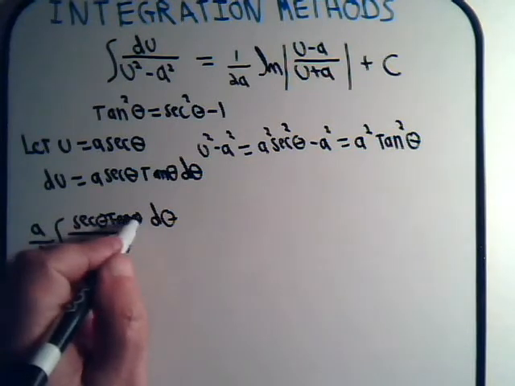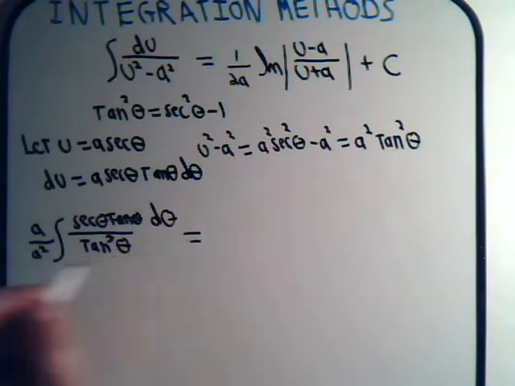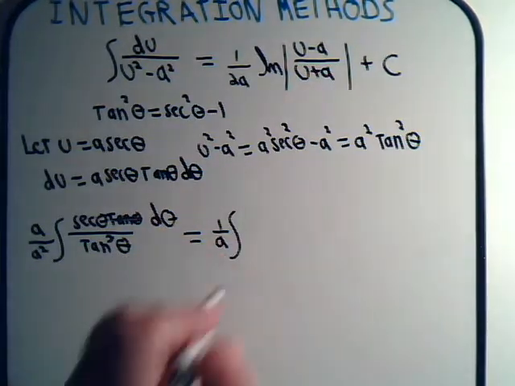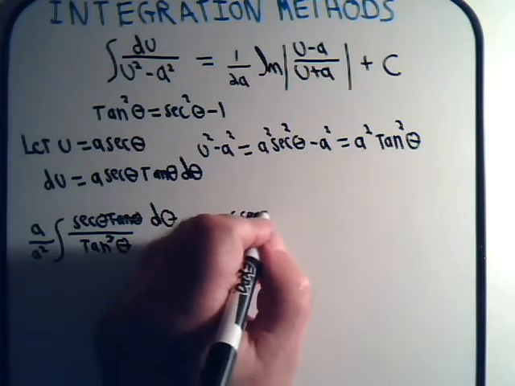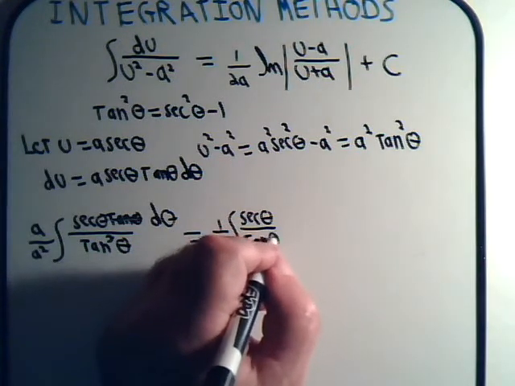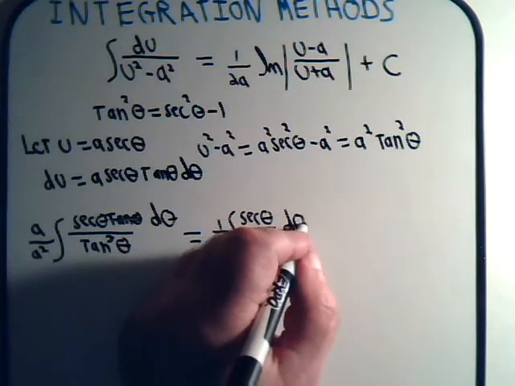And these are going to cancel. So this becomes 1 over a, the integral of the secant of theta divided by the tangent of theta d theta.